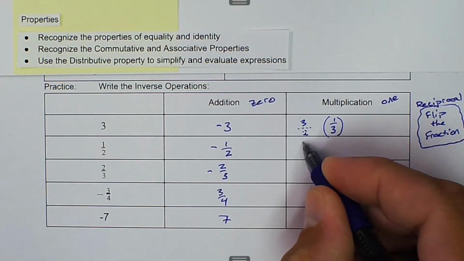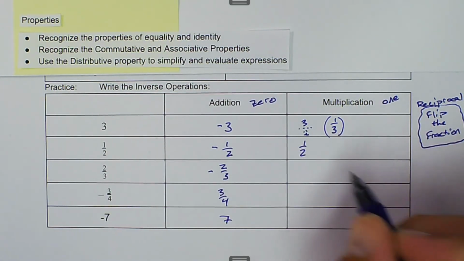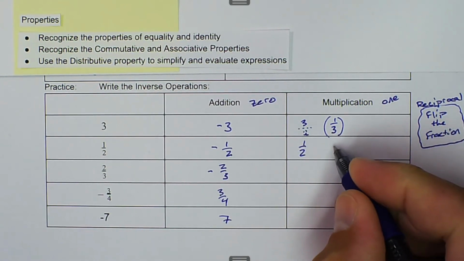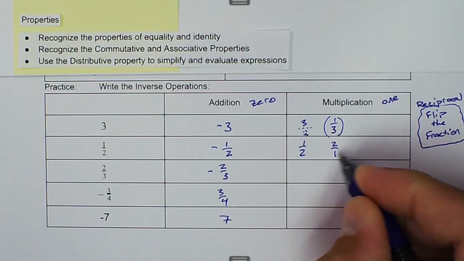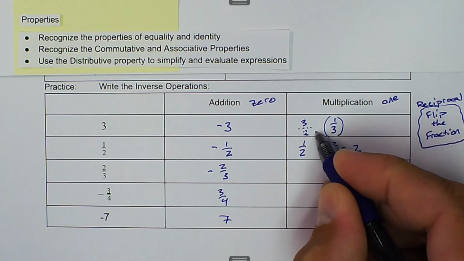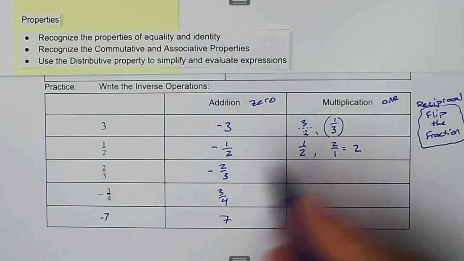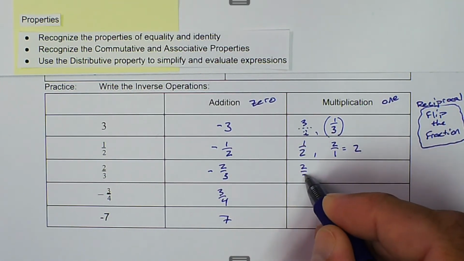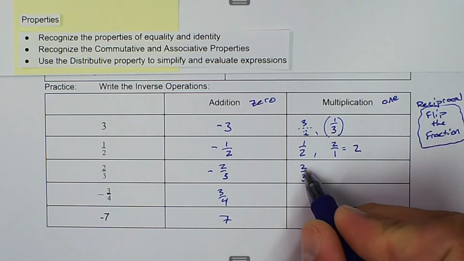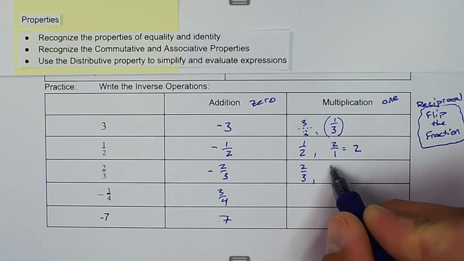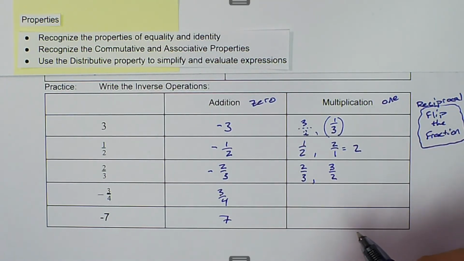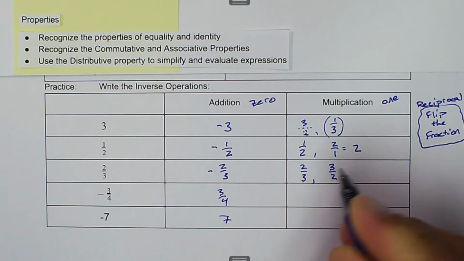Here we have 1/2. The reciprocal of 1/2 means we want to flip our numerator and our denominator. So we have 2 over 1, which is the same as 2. Here we have 2/3, and we want to flip our numerator and our denominator. So we have 3 over 2. And now we have -3/4.